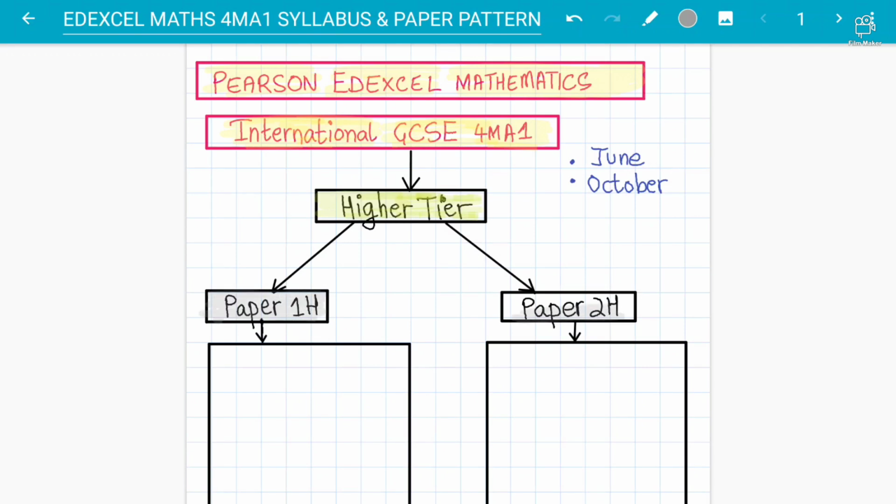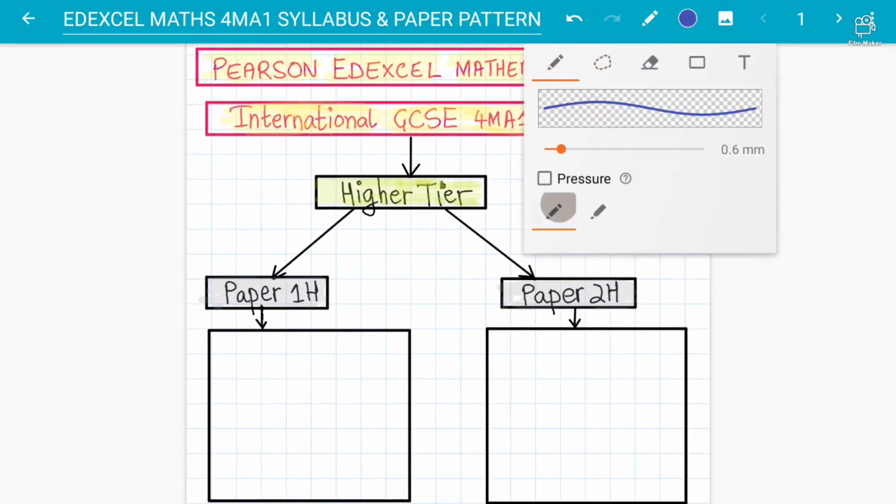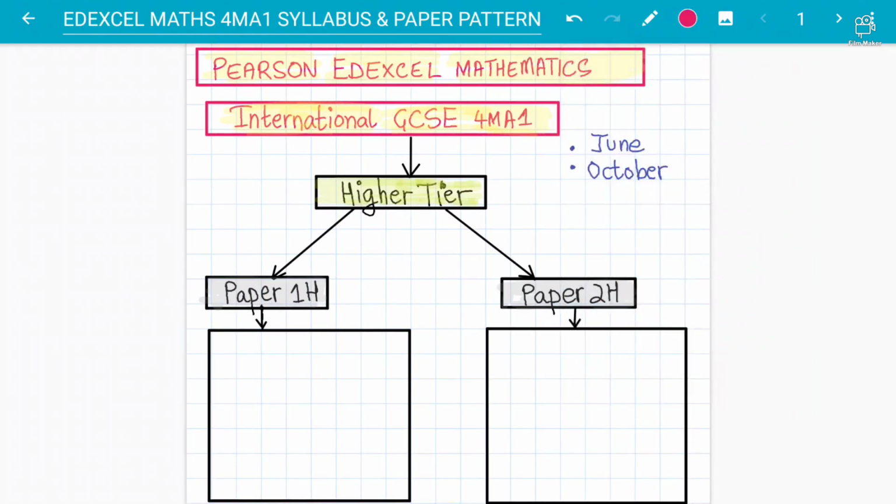In the higher tier, we'll talk about foundation tier later. Both of them have the same weightage, that is 50% equal weightage, 50% for paper 1 and 50% for paper 2.